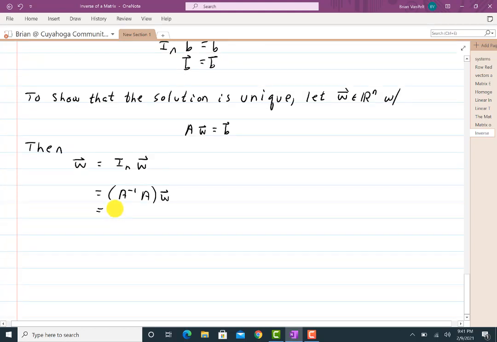And of course, I can use associativity. Now W was another solution, so this is A inverse B. So even though I chose W to be any other solution, I see that it's stuck being the same thing as before. So therefore, the solution is unique.